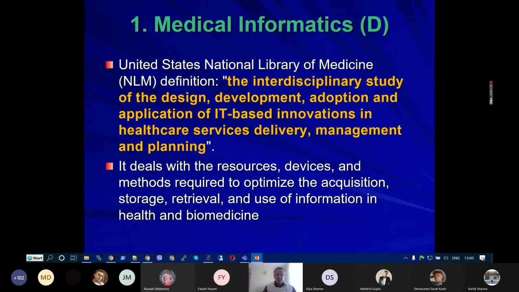And it deals with the resources, devices, and methods required to optimize acquisition, storage, retrieval, and use of information in health and biomedicine. So again, we have the same things like acquisition, storage, retrieval, and usage of information, and these words will be repeated multiple times in definitions of medical informatics.